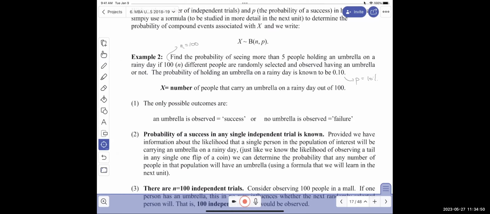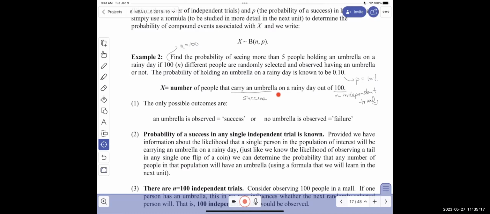And so we can define X as the number of people that carry an umbrella on a rainy day out of 100. So this is, again, our N independent trials. And this is our success.